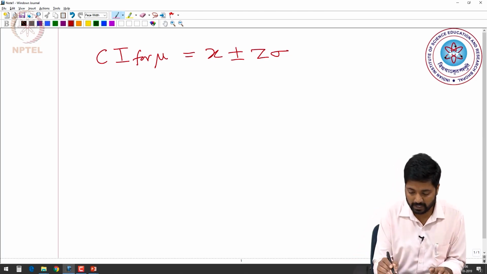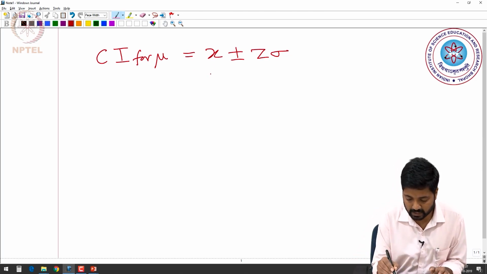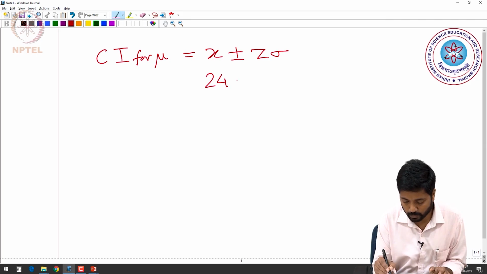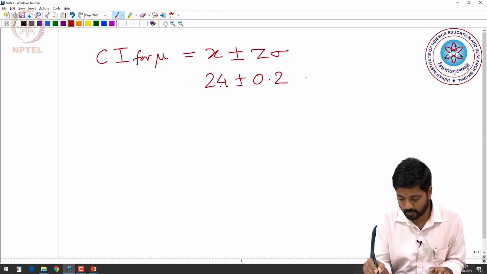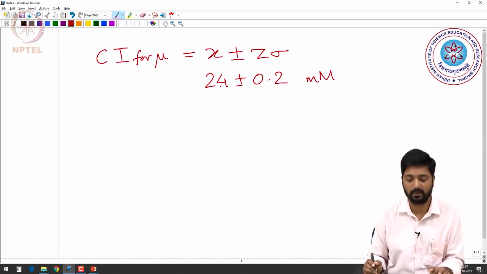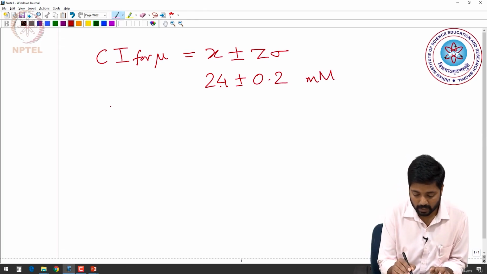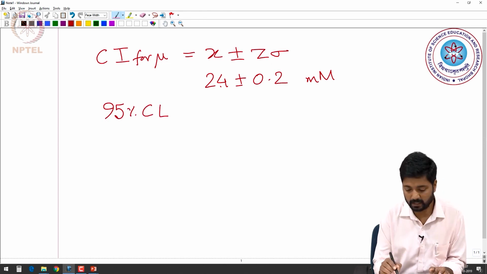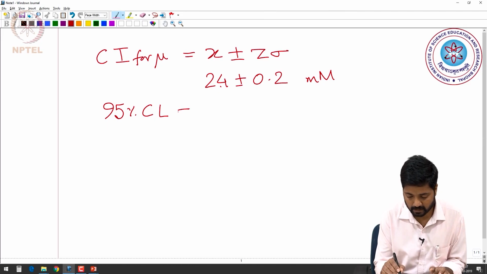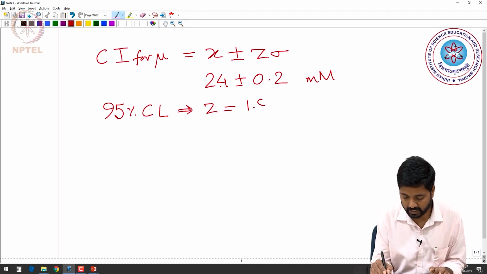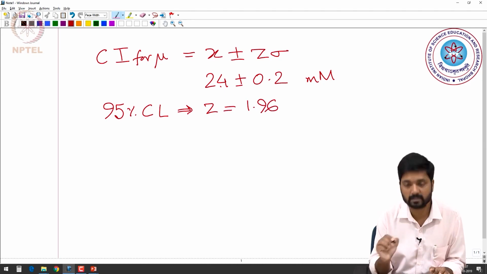So, this for our data set was 2.4 plus minus 0.2 millimolar, right. For a 95% confidence level, the z score is 1.96.